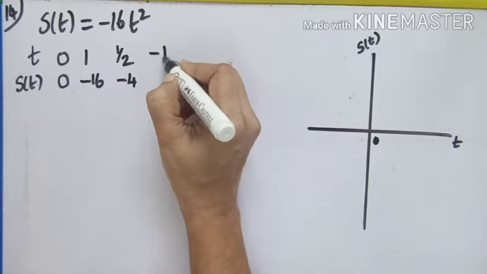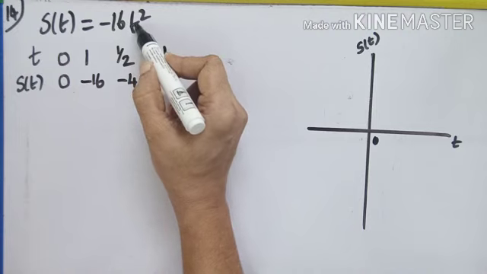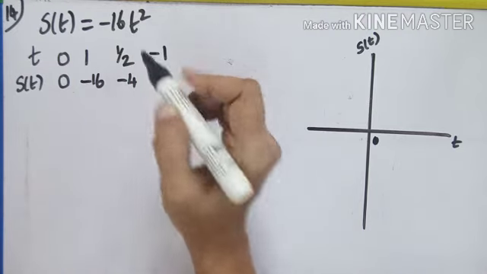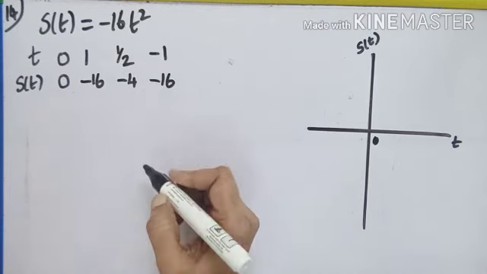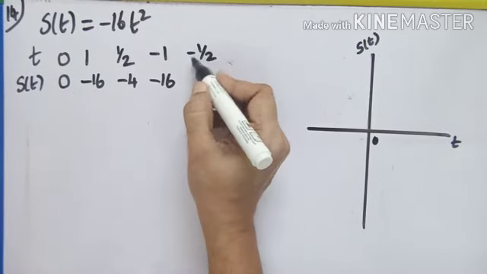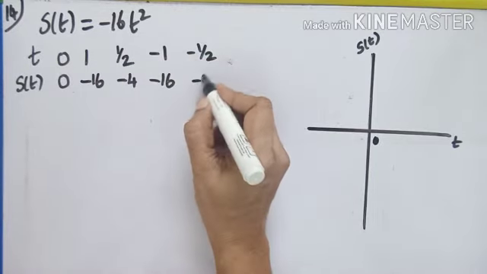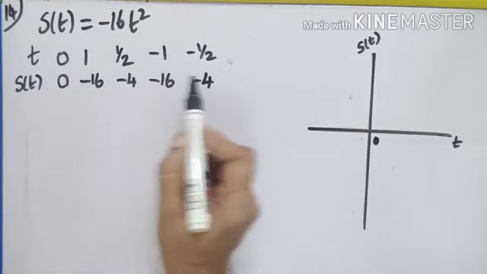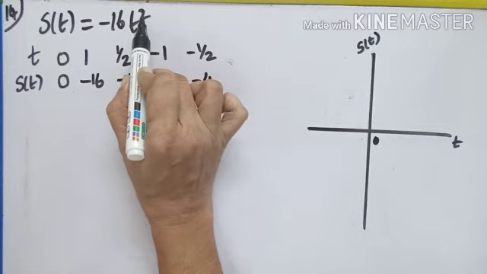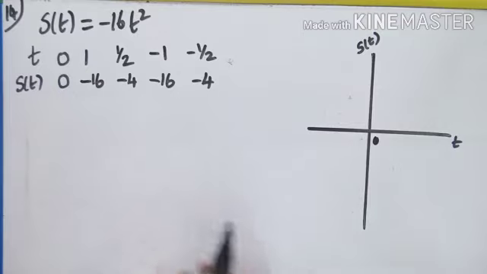Put t is minus 1. Minus 1 square is 1. 1 into minus 16, minus 16. Put t is minus half. Minus half square is 1 by 4. 1 by 4 into minus 16 is minus 4. So we can notice because it is t square, for positive and negative, the same answer comes.